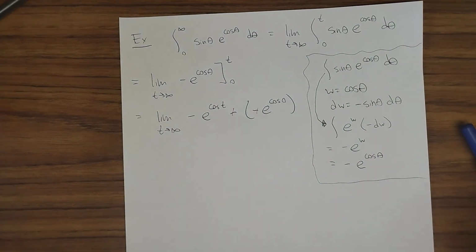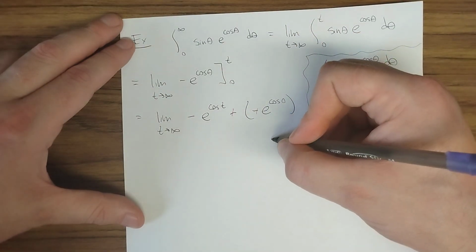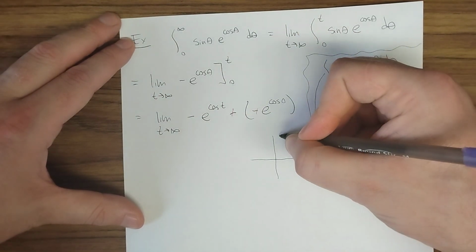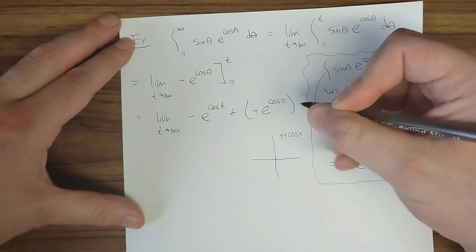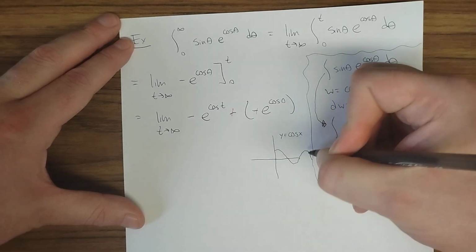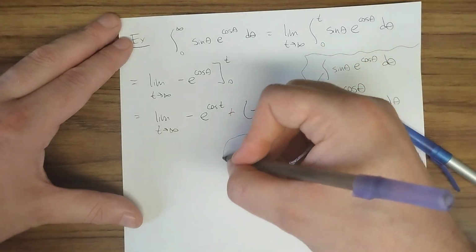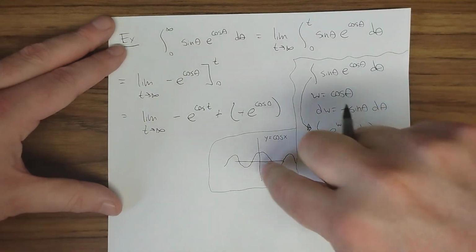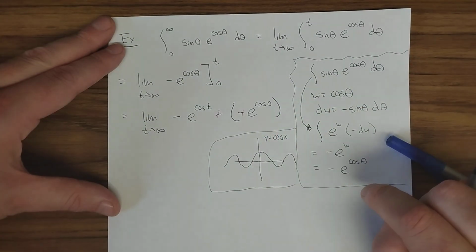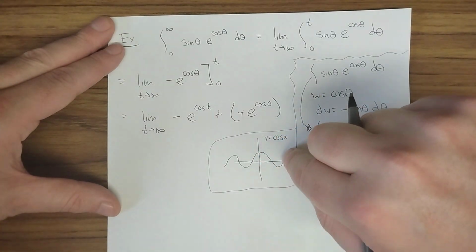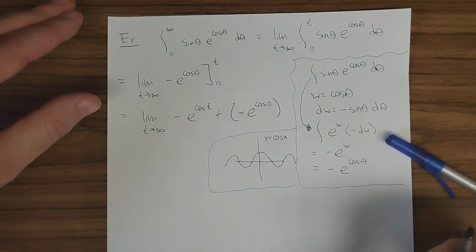So now, of course, the graph of cosine, this is as good of a picture as I need right now. There's no limit as x goes to infinity. It just keeps going up and down forever.